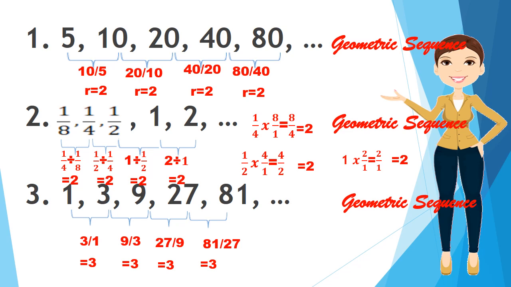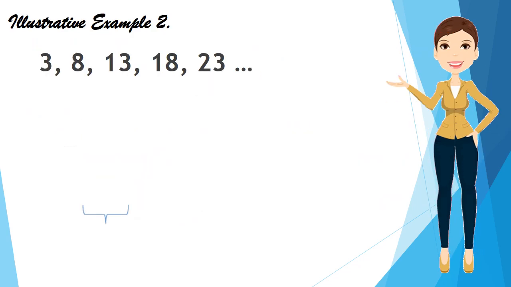Okay, very good. So now, take a look at this example. 3, 8, 13, 18, and 23. In this sequence, there is no common ratio among the terms. However, if you are going to get the difference between the next number and the preceding term, there is a common difference of 5.